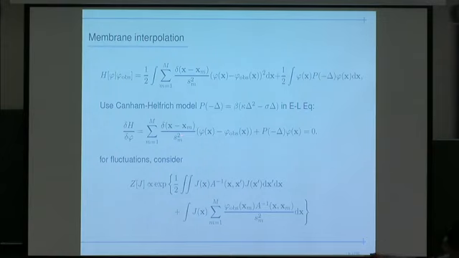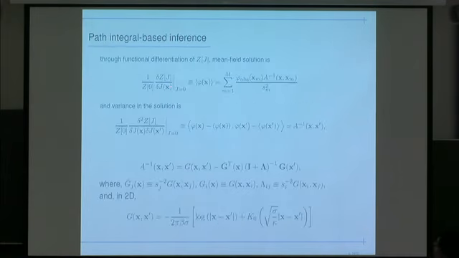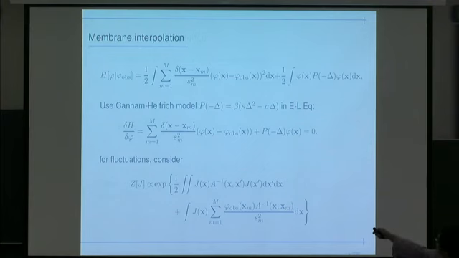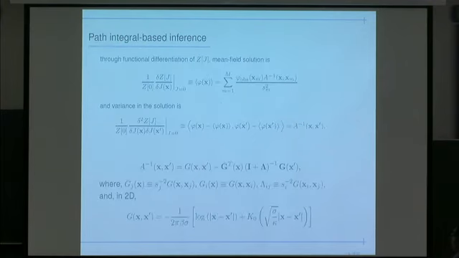I would take this partition function again, add the source term, and then take functional derivatives with J to find the moments, right? The mean, the expected value, and the correlations. And this is the Green's function for this operator, this P, this thing here. You take this, reconstruct this, and then you can find all the correlations and all the moments.